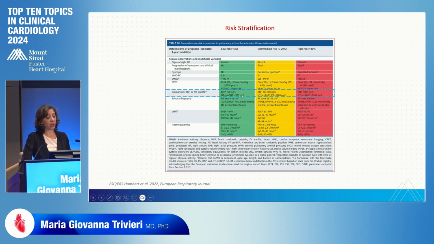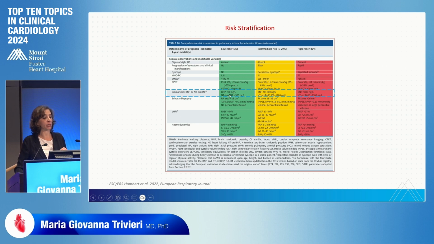We really follow the BNP level very closely in the pulmonary hypertension literature, and it's somewhat different than heart failure. Obviously, in heart failure we do monitor the BNP, but for us it's a very important determinant of therapy escalation. And you can see that the cutoff that we use to define somebody as having a low risk is actually much lower than normal.